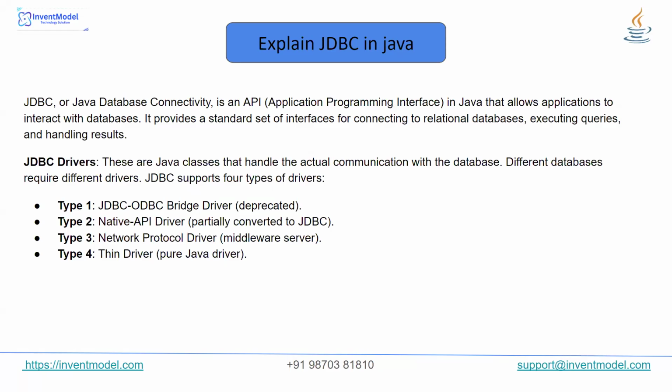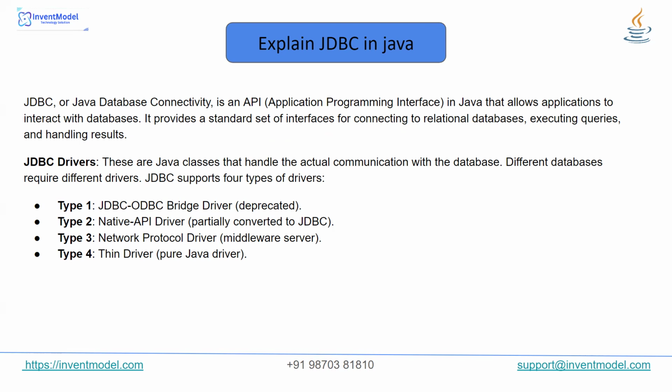So the basic explanation and theoretical part of JDBC is that JDBC is also called Java Database Connectivity. It is an API. Do you know the full form of API? Application Programming Interface.